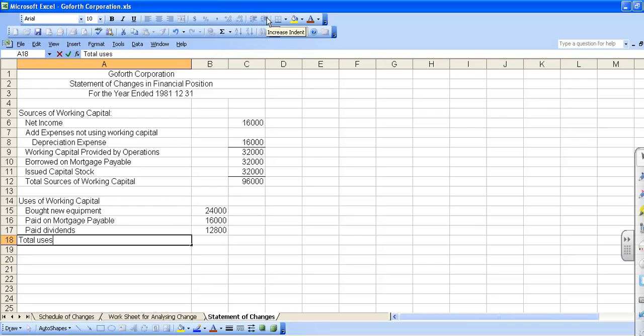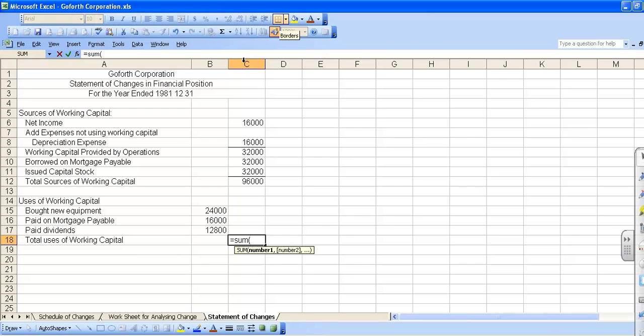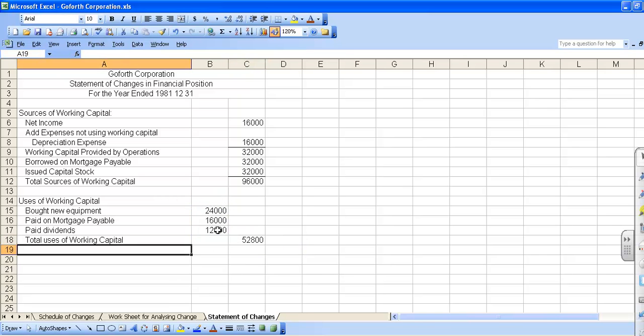So our total uses of working capital is going to be $52,800.